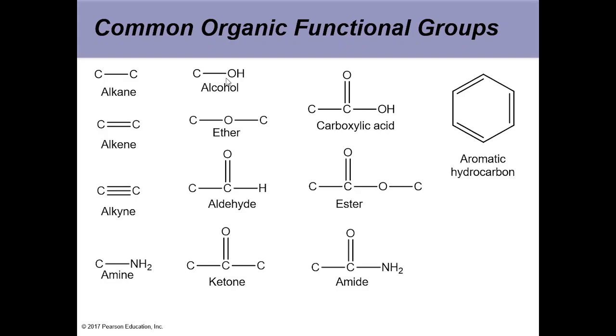Now when you have a hydroxy group, in other words, this oxygen is an sp3 tetrahedral oxygen, single bonded with a carbon on one side and single bonded with a hydrogen on the other side, then we say it's an alcohol. If we slightly modify this oxygen by changing the hydrogen to another carbon, then we say this is an ether.